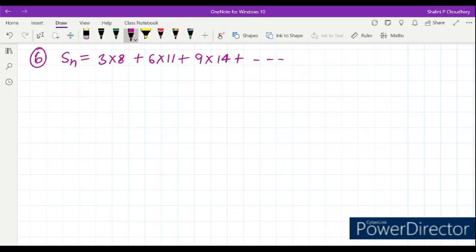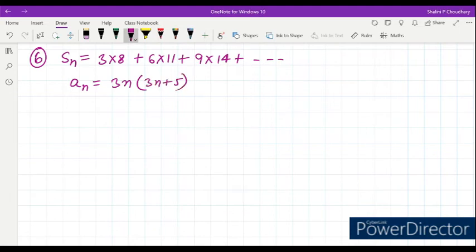So what we have to do, first of all we have to find the nth term, a_n, and then we have to solve the sum. So a_n, can you see that for the first term, the nth term will be 3n multiplied by 3n plus 5.